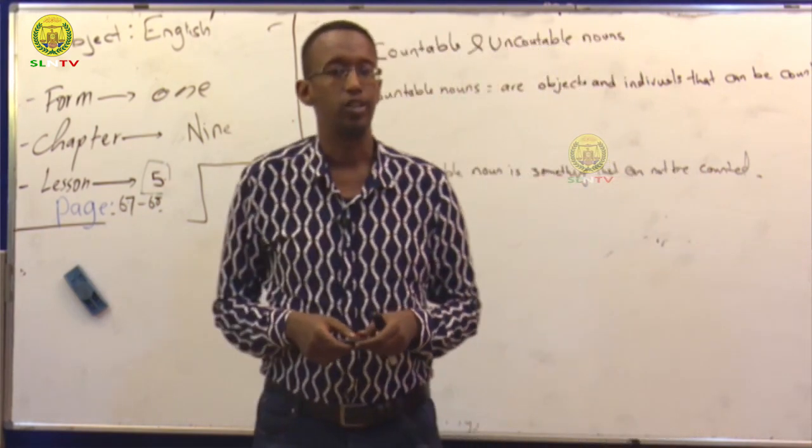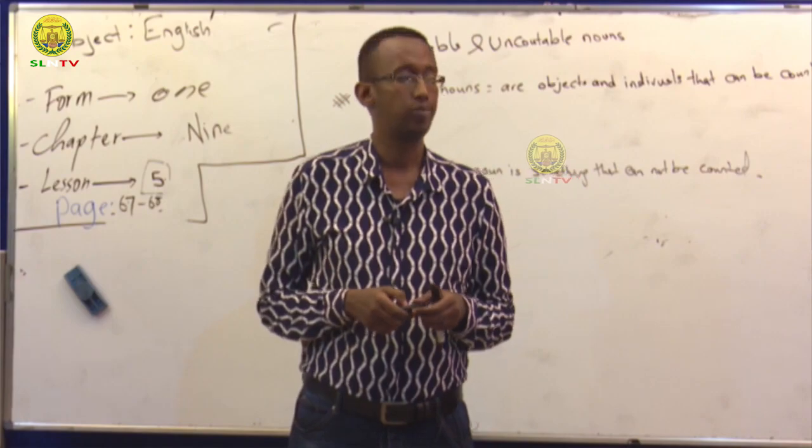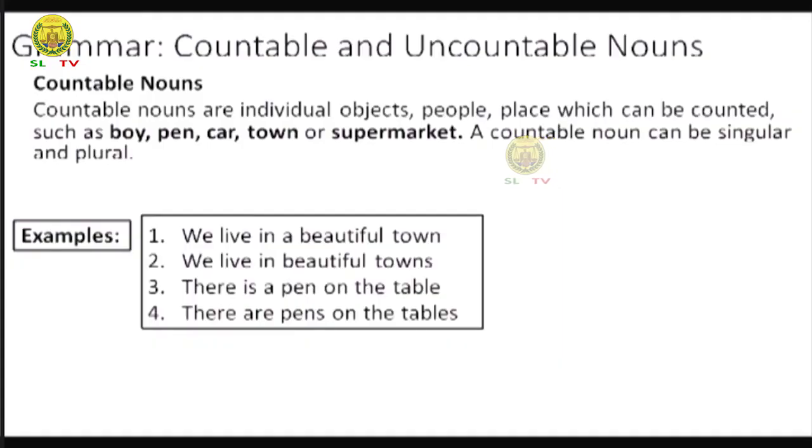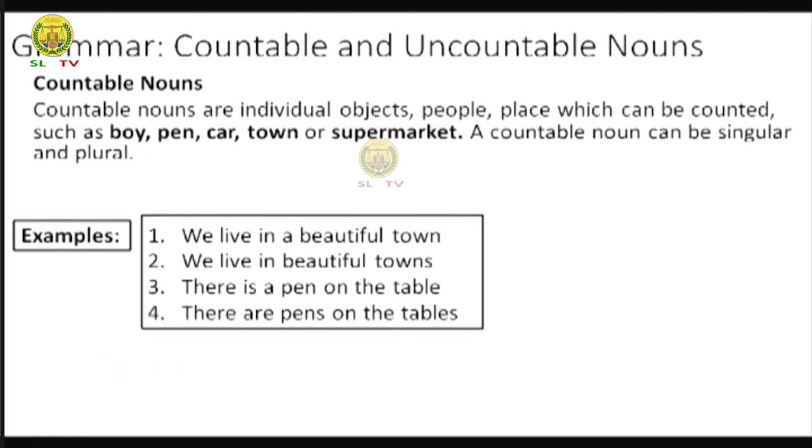So if we inshallah start I would like to kick off this lesson, waxaan jecelahay inaan ku bilaabo lessonka countable and uncountable nouns. So this is a grammar. So what's a countable noun? Countable nouns are individual objects such as people, places, which can be counted.